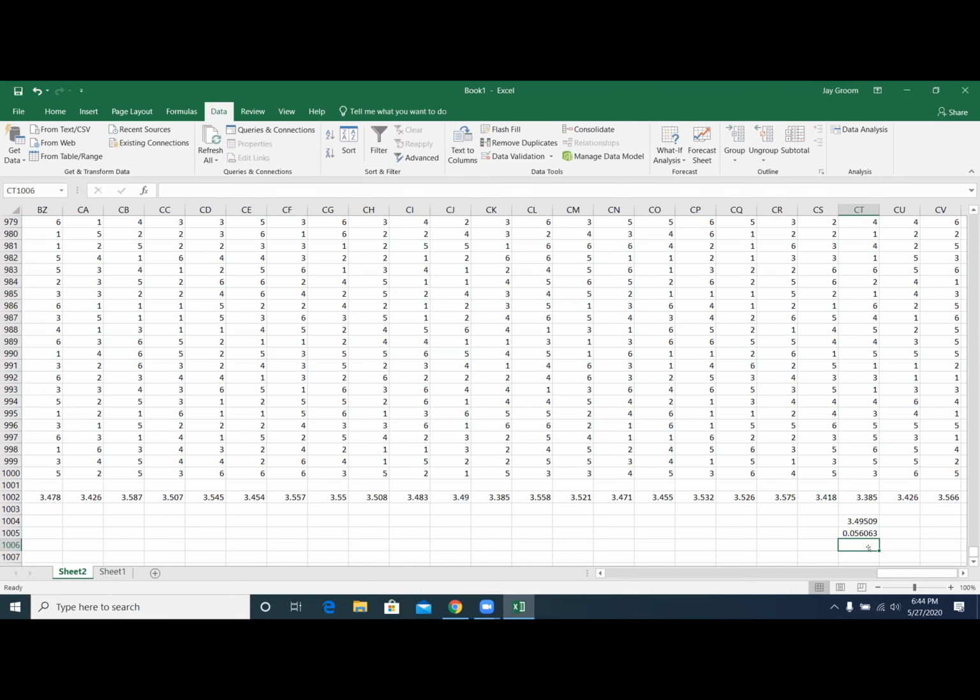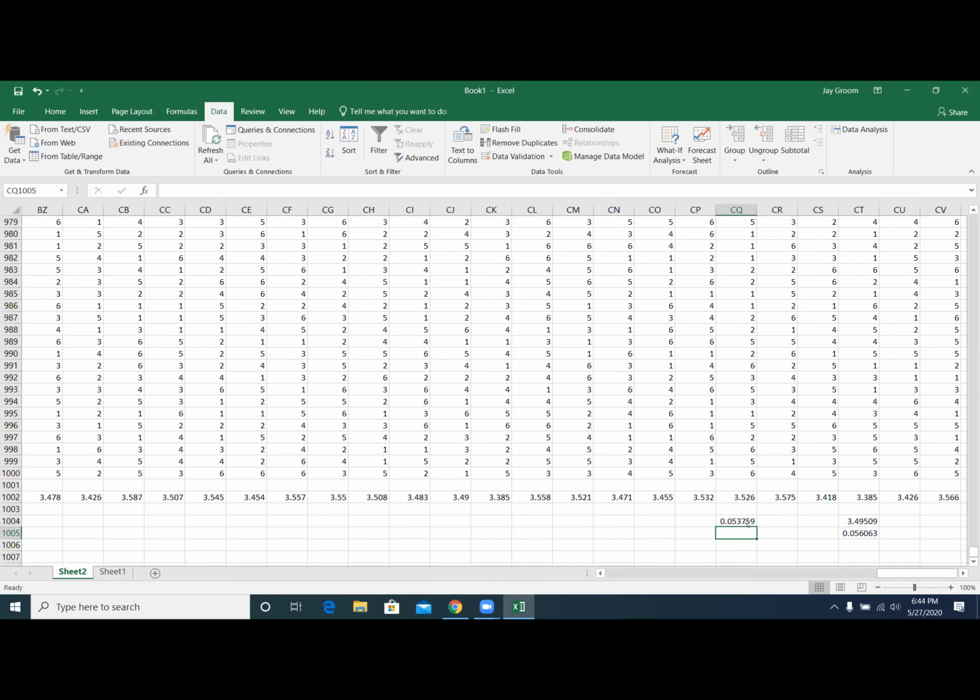Whoa, look at the standard deviation. It got tiny on me. It's 0.05. Actually, I do recognize that: 1.7 divided by the square root of 1,000, because that's my sample size. There's 1,000 in each of these columns. What do you know about that? It's really close. It's 0.053.